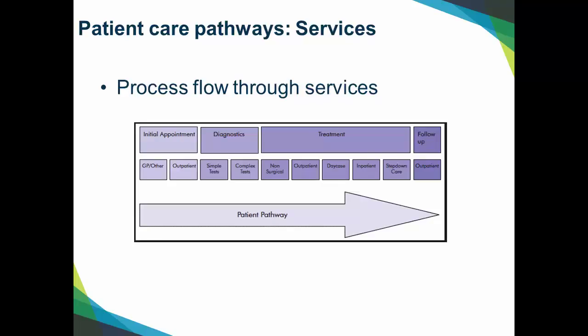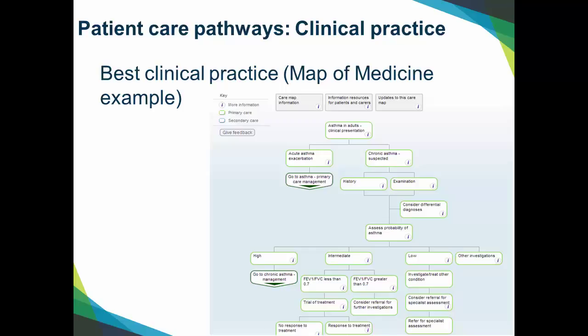So that's very much looking at the sorts of services that a patient might access as they go through their pathway. And that's a useful way to do it, particularly when we're looking at the activity that we're likely to see in each part of the process and how that flow works and whether we've got capacity to be able to manage it.